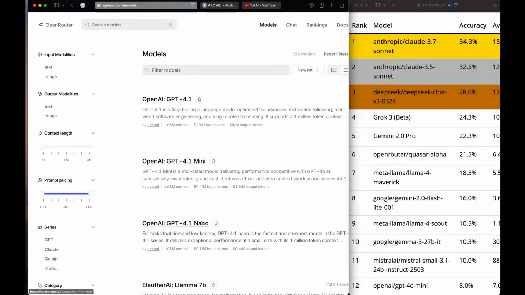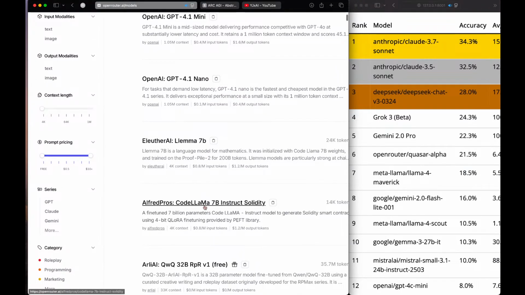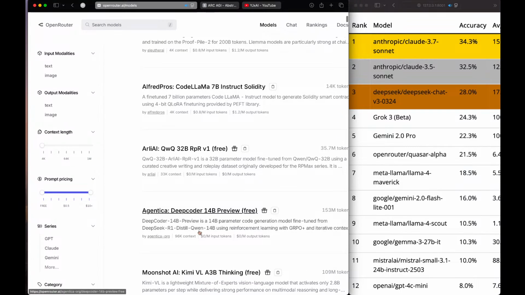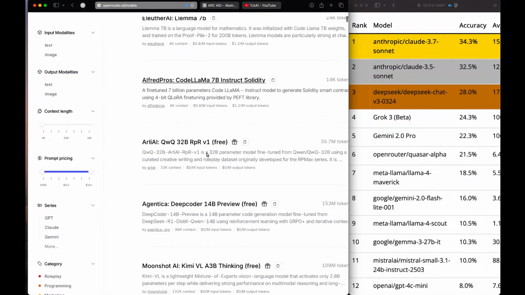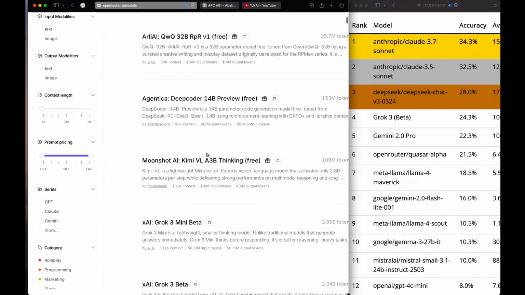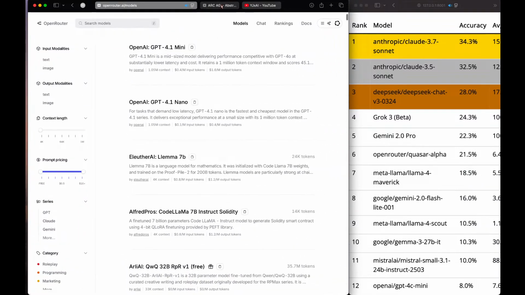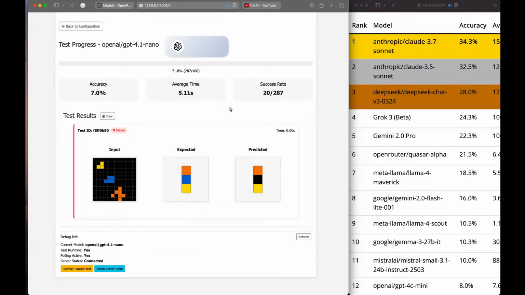Almost all models which have an API should come to OpenRouter, so it's better to have OpenRouter, I guess. You can see there are a lot of other models that have been released. Yeah, so OpenRouter is the one that I use.